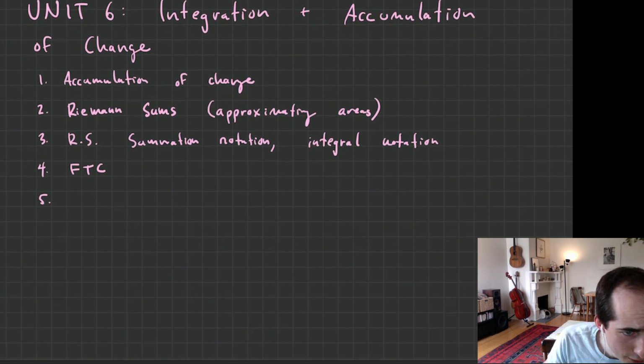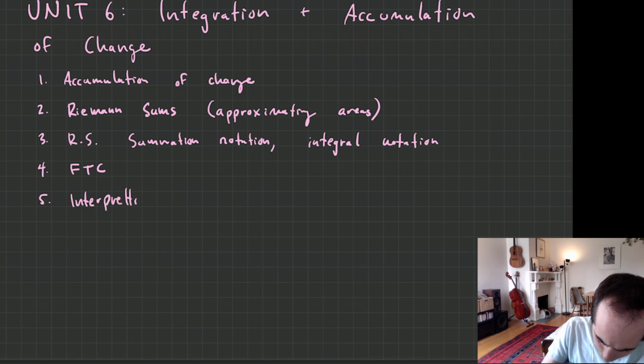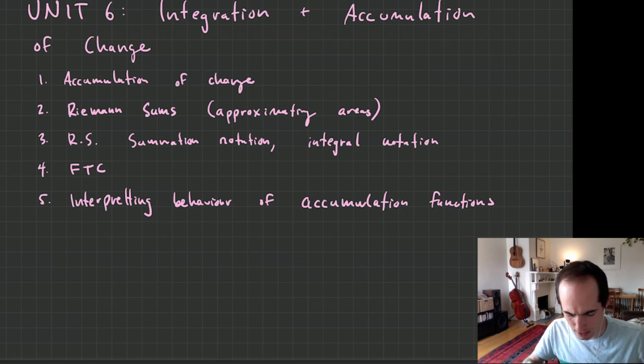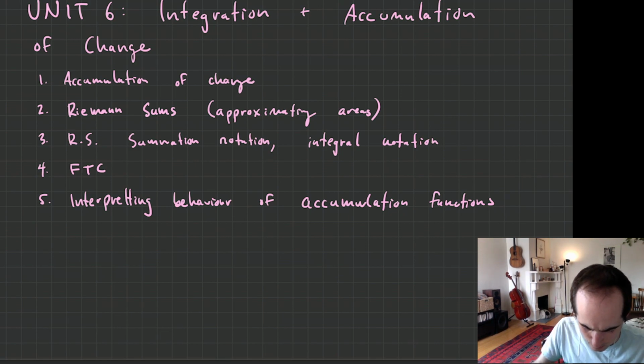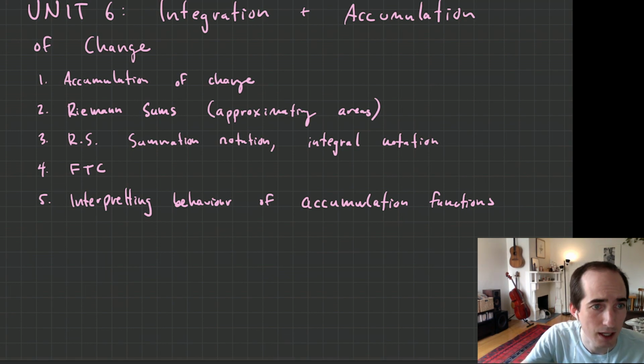6.5 is interpreting the behavior of accumulation functions involving area. How do you summarize that? Let's just say interpreting behavior of accumulation functions. Effectively, how do integrals react with respect to the properties that a function has?